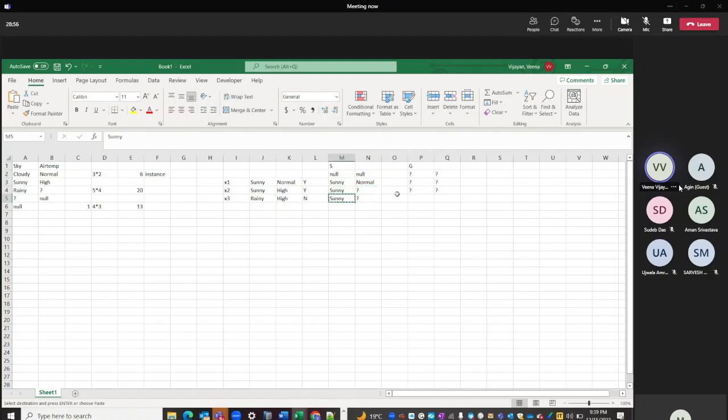We will consider only Sunny, and we will tell this is question mark because this has both values, right? So this is our new generic hypothesis, and this is our new specific hypothesis. So in this scenario with these entries, we have only one hypothesis. Both generic and specific are converging. We got same generic hypothesis and same specific hypothesis.